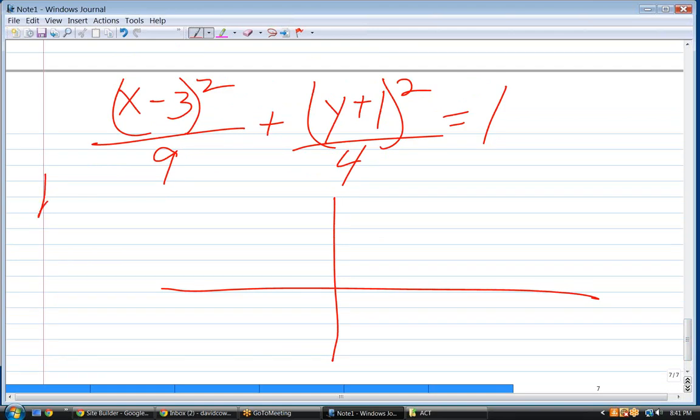What's h equal to? Always x minus h, no matter what you're doing. It's like translations. You always have an x minus h.